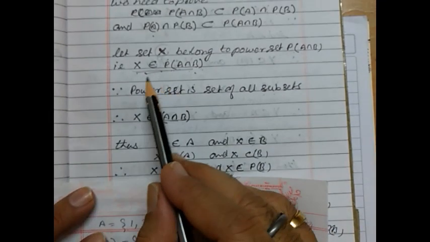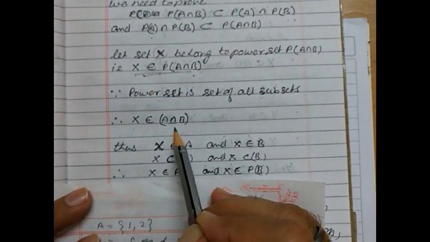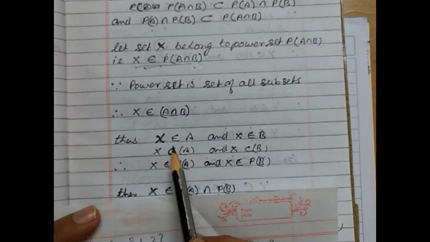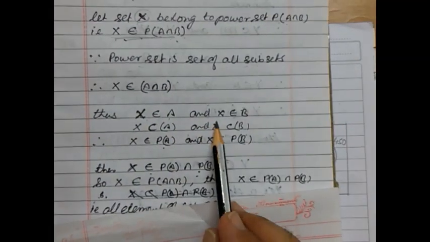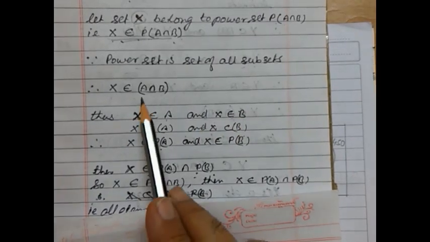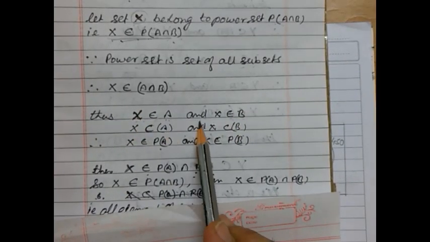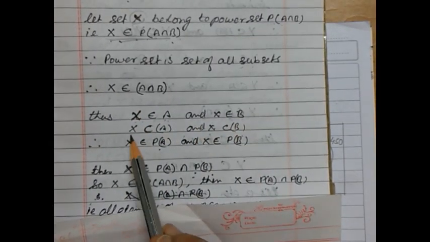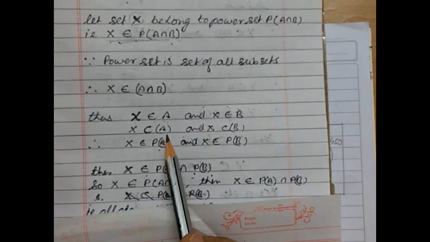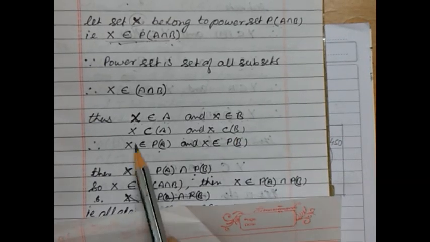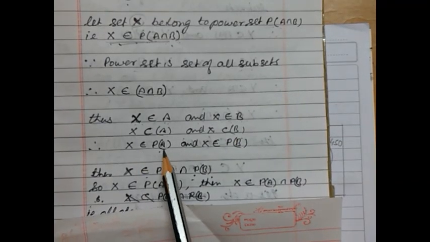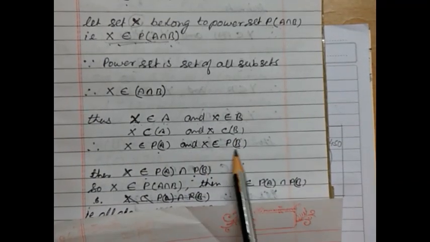The same way, X is a subset of A intersection B, so X will be a subset of A and also a subset of B, isn't it? So X will belong to the power set of A and X will belong to the power set of B.